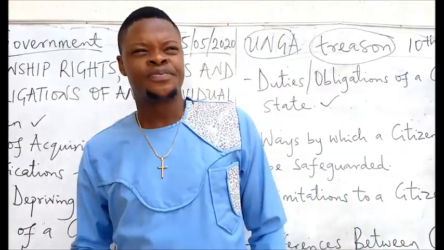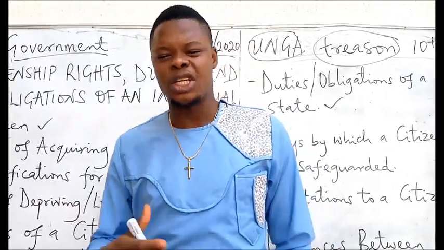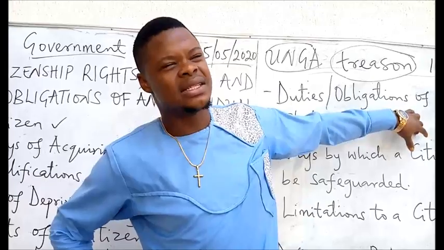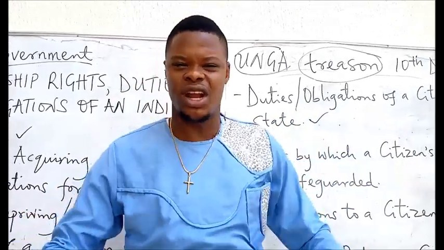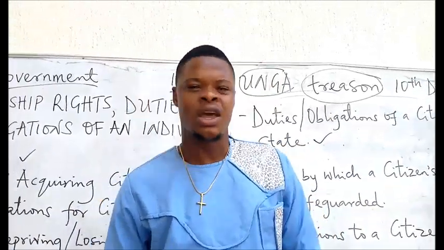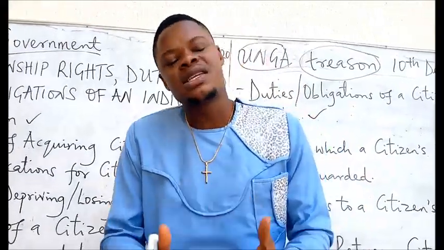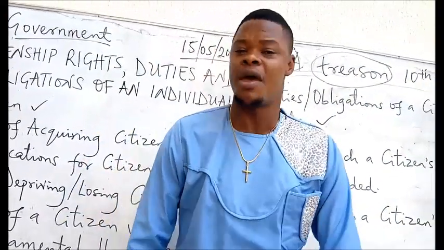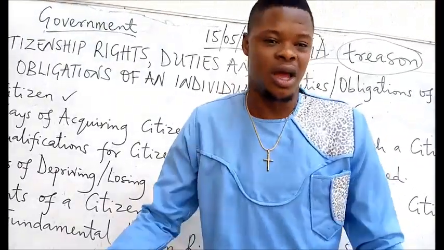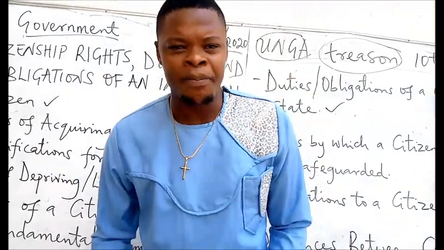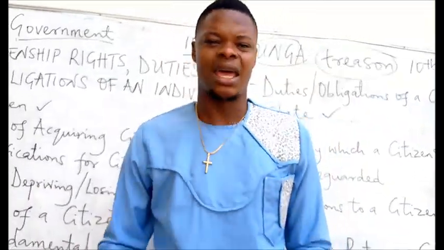And then also respect for national symbols. A citizen of a state is expected to respect the national symbols of that state. For instance, when the national anthem is going on, the citizen is expected to show respect, maybe by standing at attention or any other way of showing respect for the coat of arms, for the national flag, and so on and so forth.